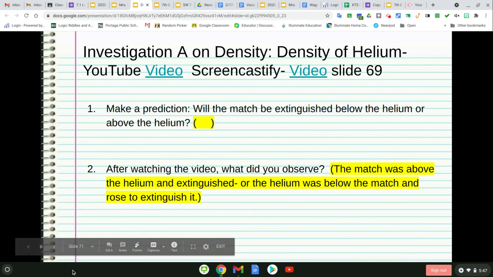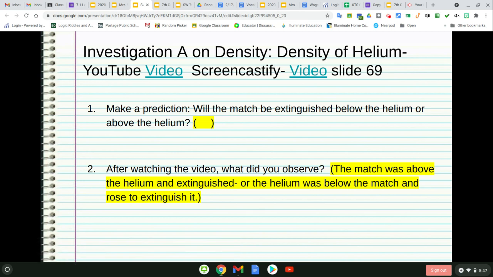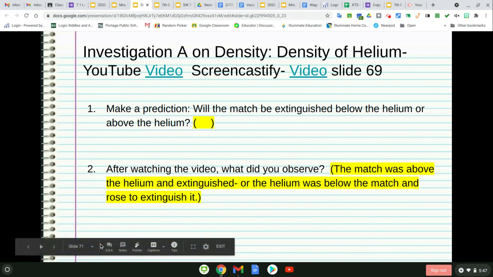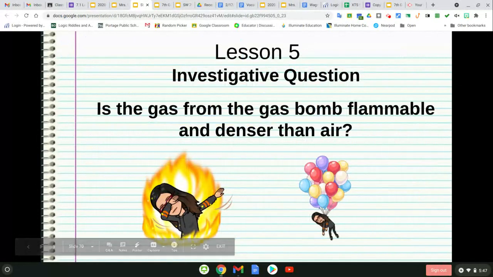All right, you guys, let's take a look at what your assignment is going to be today. But I want to go back a bit and refresh our memories about what this lesson is all about. So, lesson 5, the investigative question is: is the gas from the gas bomb flammable and denser than air?